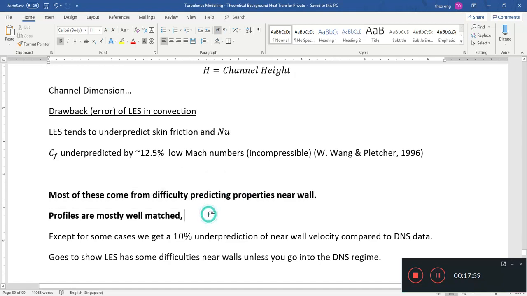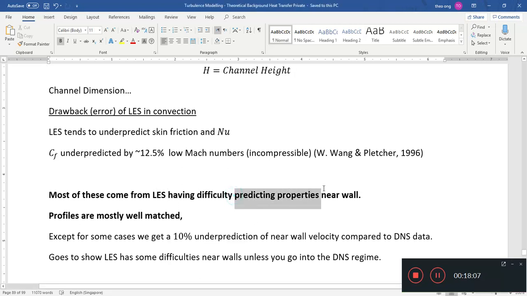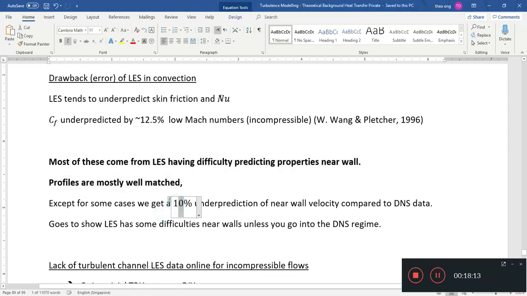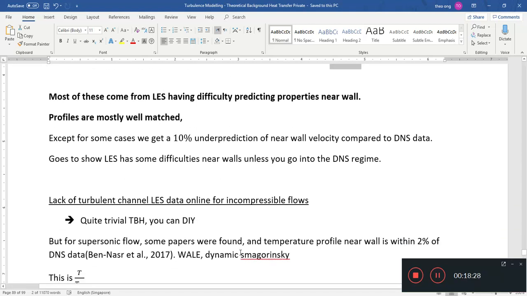Most of this comes from difficulty in LES. LES usually has difficulty predicting properties near the wall, but in terms of temperature profiles, these are pretty well matched, except for some cases we get from, I think, this paper: 10% underprediction of near-wall velocity as compared to DNS data. Anyway, it goes to show overall LES has some difficulty near the wall. Unless you make your grid size so small it almost becomes a DNS, then you can kind of trust it.